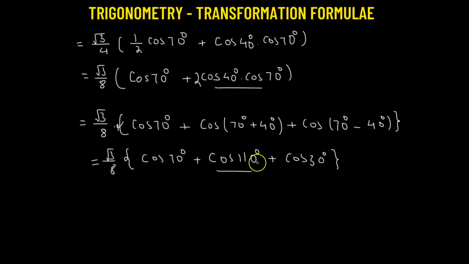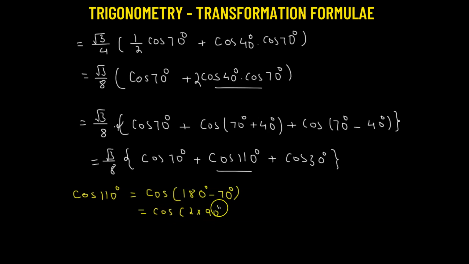Now we'll try to simplify cosine of 110 degrees. So we know that cosine of 110 degrees can also be expressed as cosine of 180 degrees minus 70 degrees. That means we can also express it as cosine of 2 times 90 degrees minus theta. And whenever we have an even multiple of 90 degrees, because 2 is an even number, the cosine stays as cosine, we're going to get cosine of 70 degrees.